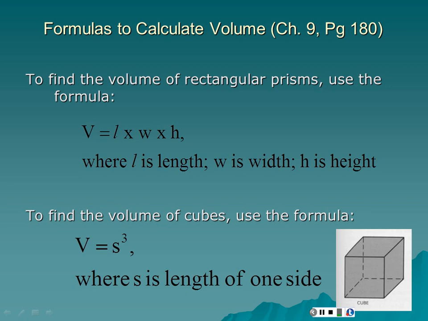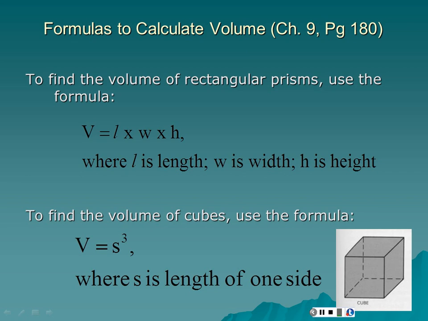Just make sure you write the answer in some cubic unit. And before you multiply, make sure that all the units are the same, like all centimeters, or all feet or inches, or another unit. You cannot multiply 1 foot times 1 centimeter times something else.